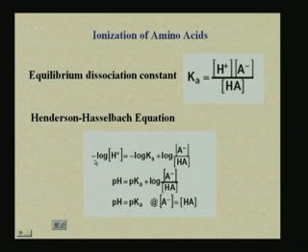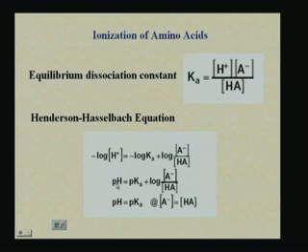And I know that the negative logarithm of the hydrogen ion concentration corresponds to the pH. Okay. So, what do I have here? I have the pH of the solution equal to the pKa, right. What is the pKa?